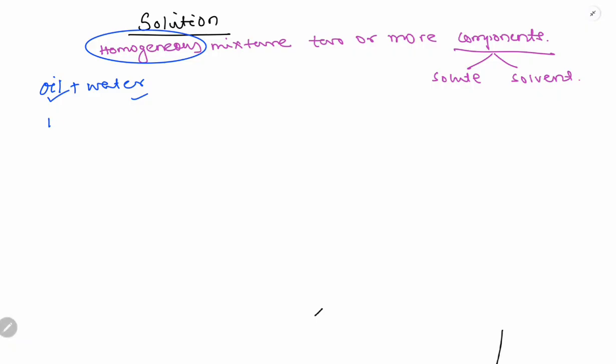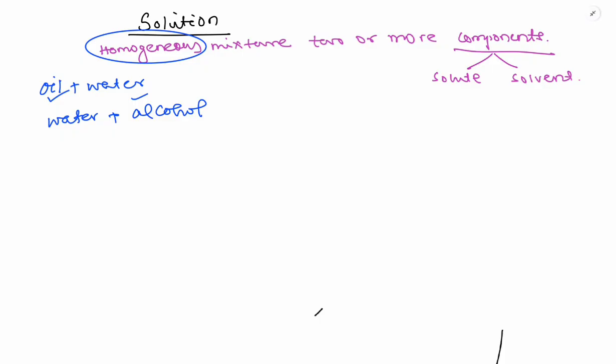Now what if I add water to alcohol? We will find it is quite difficult to identify whether this mixture contains water or alcohol until you drink it or taste it. But by observing, you cannot identify. That's why it is homogeneous.